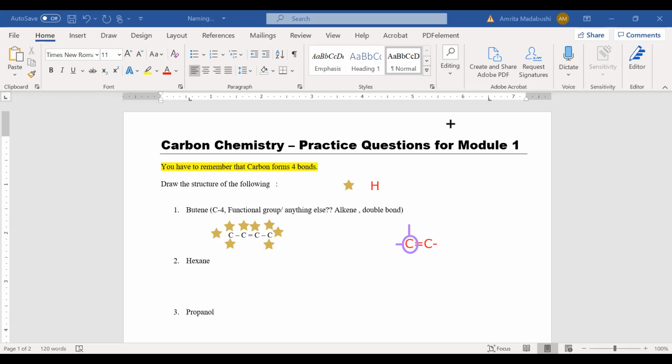Maybe you want to put it in the chat, or try again. Okay, I guess there is some communication issue. So anyone had any other questions about this? So identify carbons, identify functional groups, put the structure, add the hydrogens.